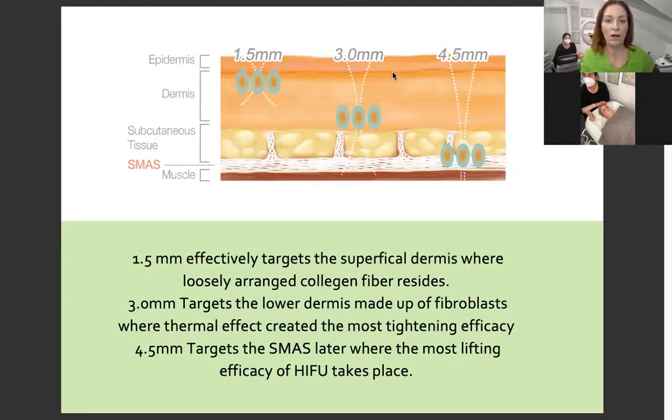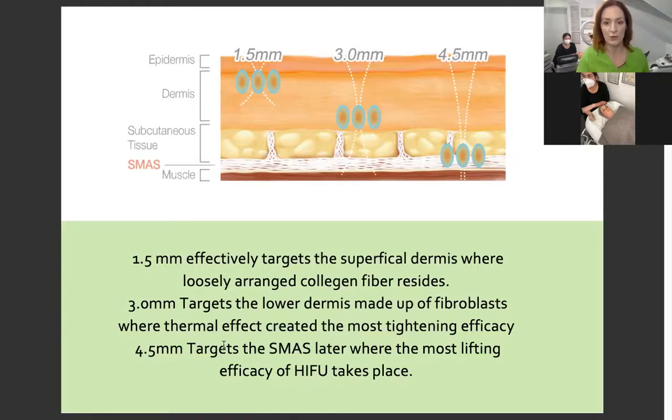So our HIFU system works in 3 different levels. When we treat any area or the entire face, we always do 2 passes. We choose 2 of these layers that are going to give you the absolute best results.